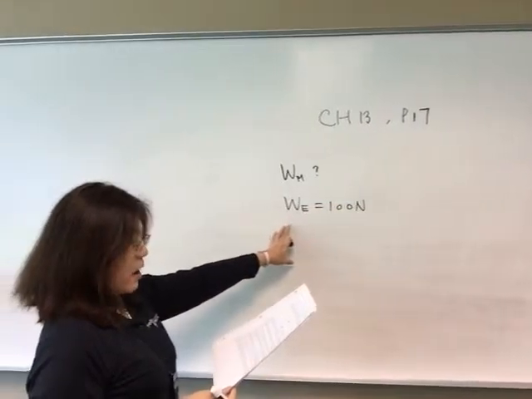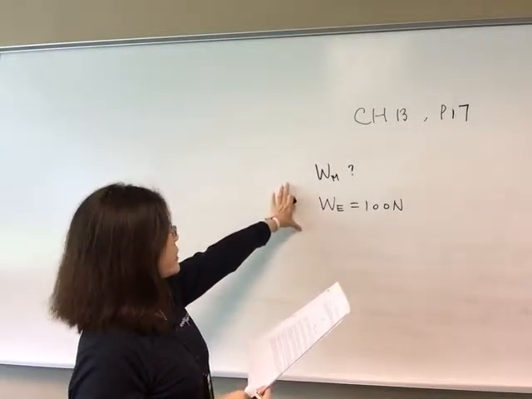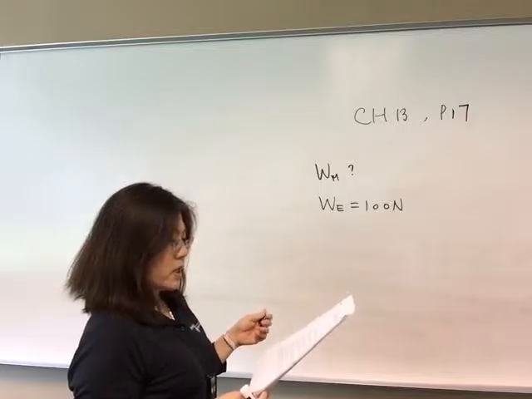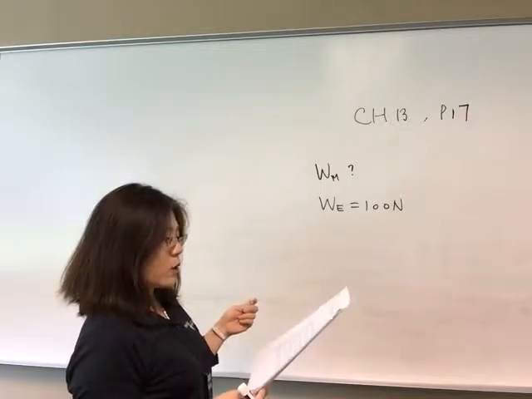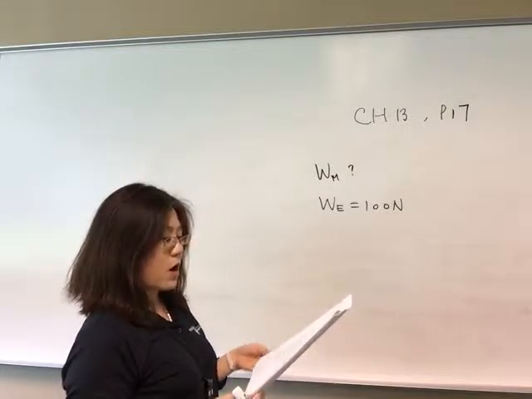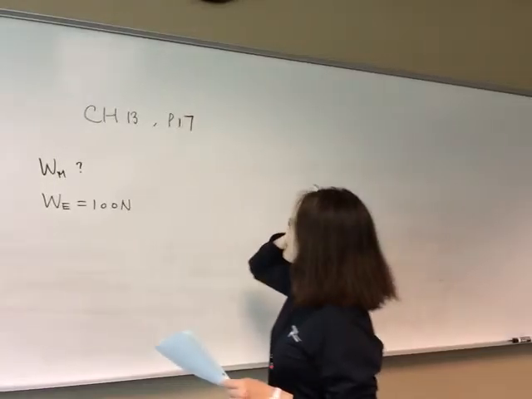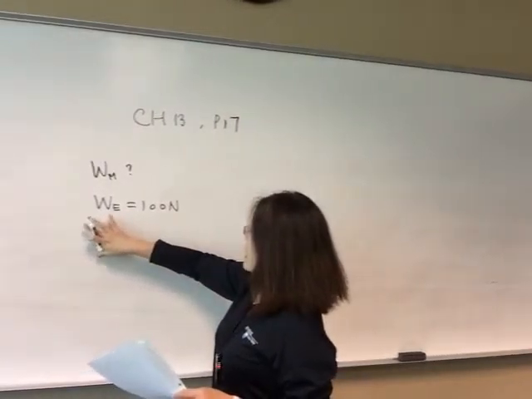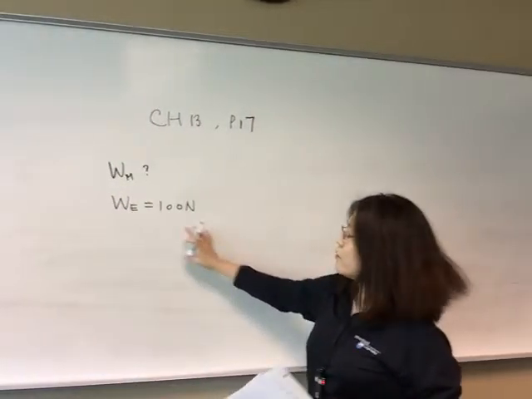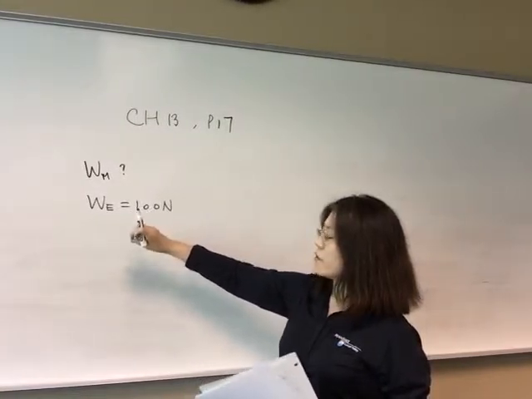If an object weighs 100 newtons on the Earth's surface, what would the object weigh on the moon's surface? And how many radii must this same object be from the center of Earth if it's to weigh the same as it does on the moon? Okay, we start with the numbers we're given. You have an object that weighs 100 newtons on the surface of the Earth.